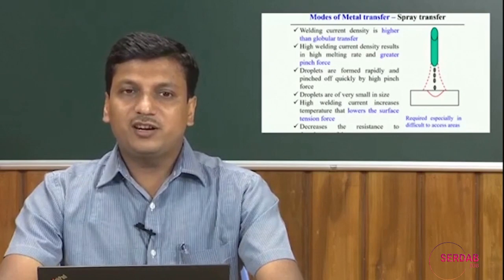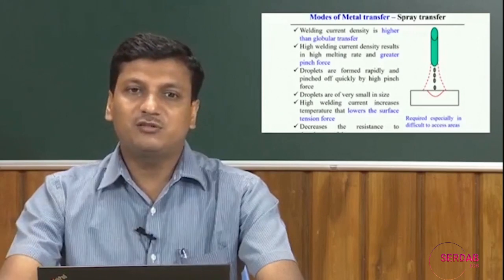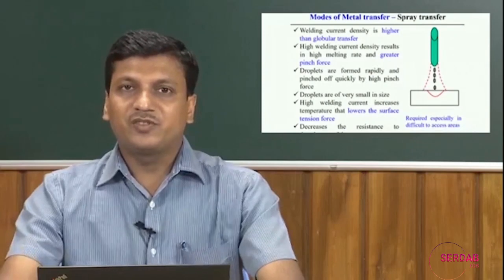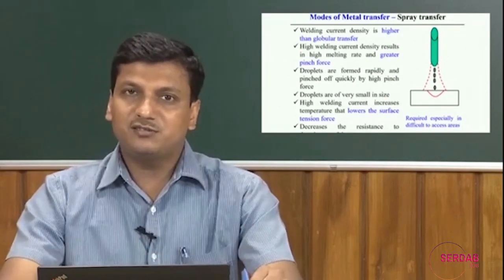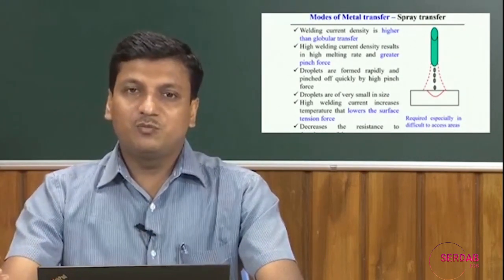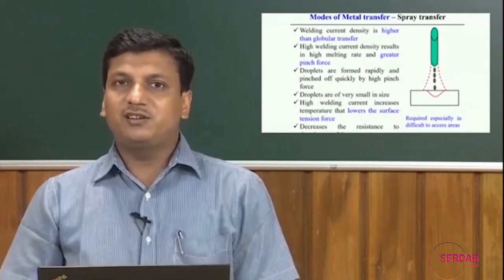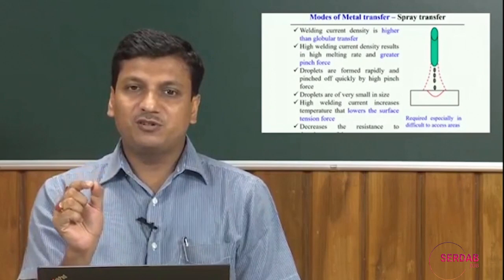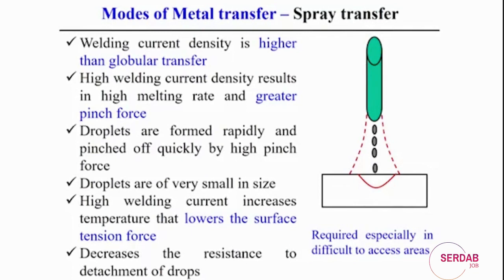So, high welding current increases the temperature, and when the temperature increases, that lowers the surface tension force. And of course, the high current density, on the other hand, also favors an increase of the pinch force. So, the decreasing surface tension force and increasing pinch force together reduce the resistance to droplet detachment, and finally, if you look at the figure, a very small droplet forms from the electrode and continuously transfers to the main welding component.